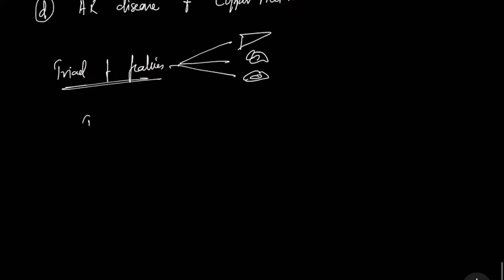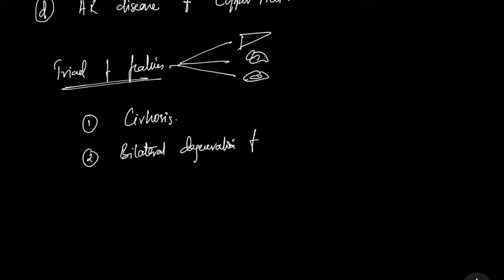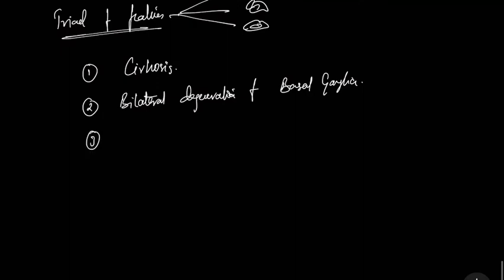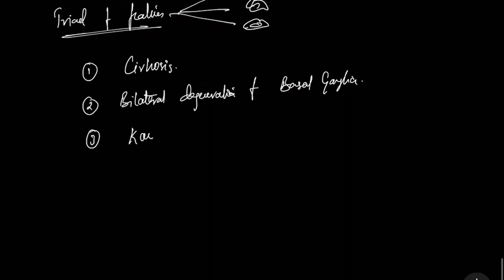In liver, what we see is cirrhosis. In your brain, what we see is bilateral degeneration of the basal ganglia. And thirdly, what happens in the eyes is that we see this characteristic finding called Kaiser-Fleischer ring, also known as KF ring.